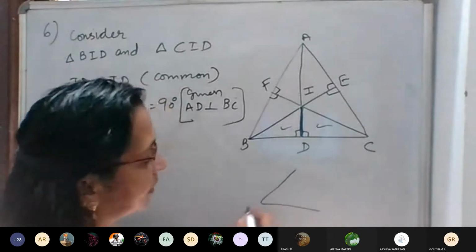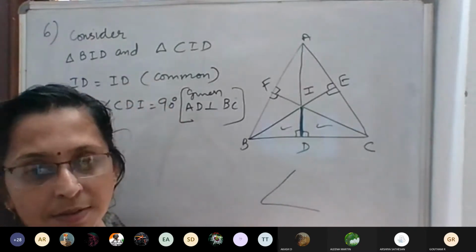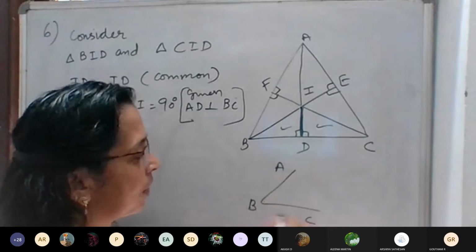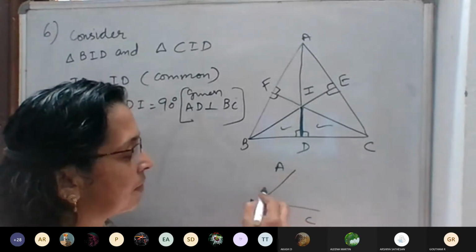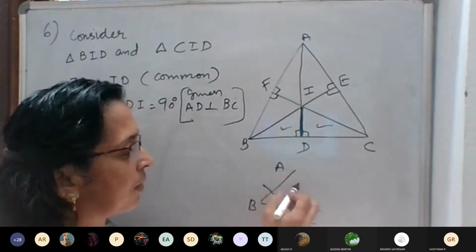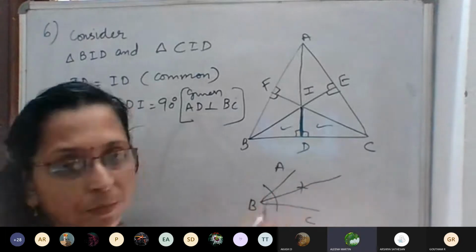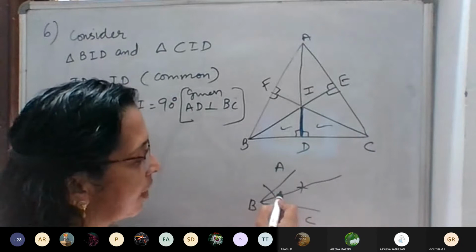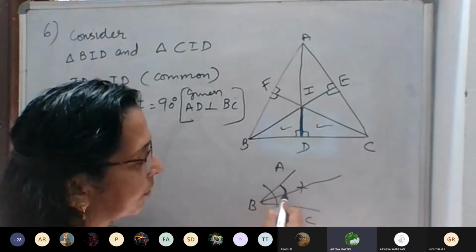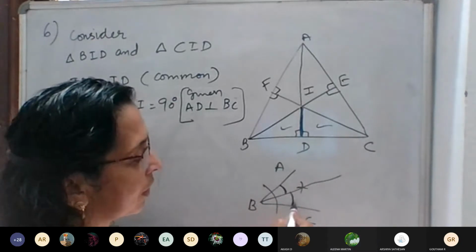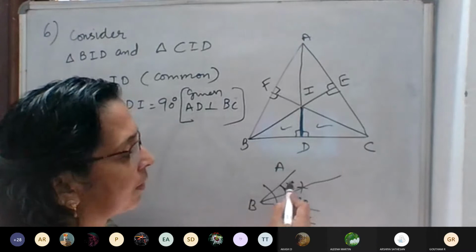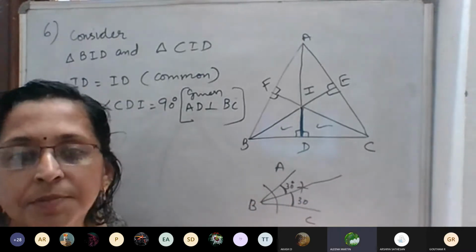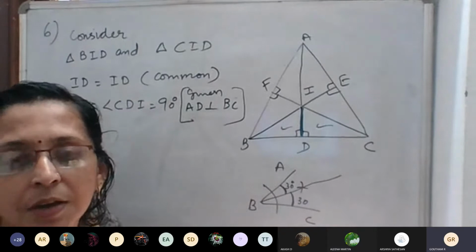If you are drawing a bisector of angle ABC, how can we draw? Take your compass, draw here, here. If it is a 60 degree angle, then up to this it will be 30 and this is 30 degree.